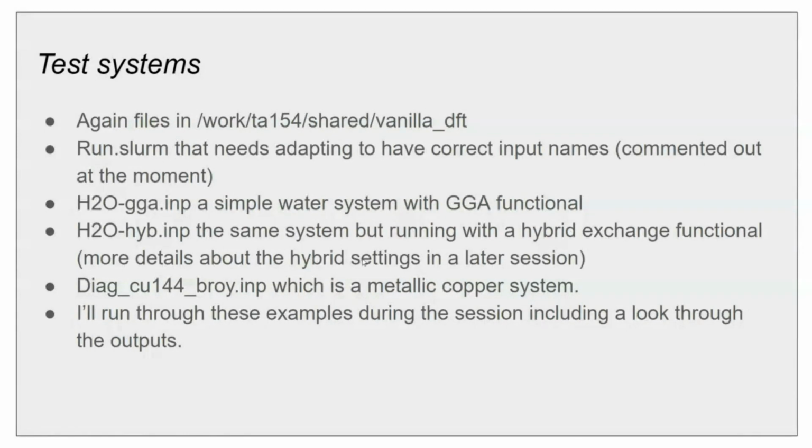I'll talk a little bit later, very briefly, about some of the details of the hybrid functionals, this exact exchange, but if you want to just play with it and see how it performs compared to the GGA, it's there. And there's also an example of traditional diagonalization, a copper system. So you can have a look at those.